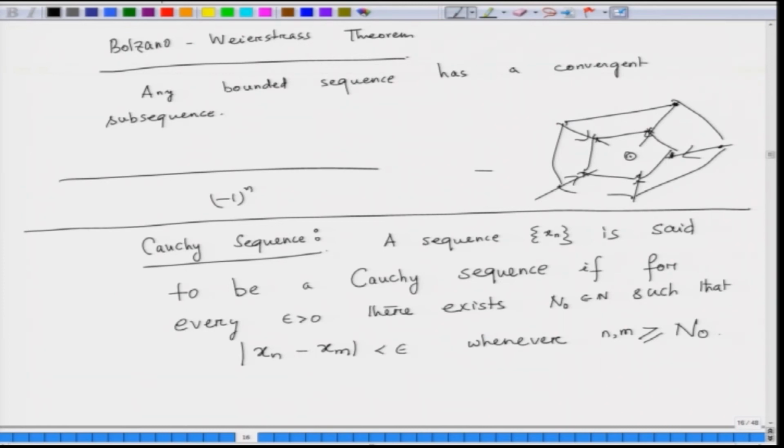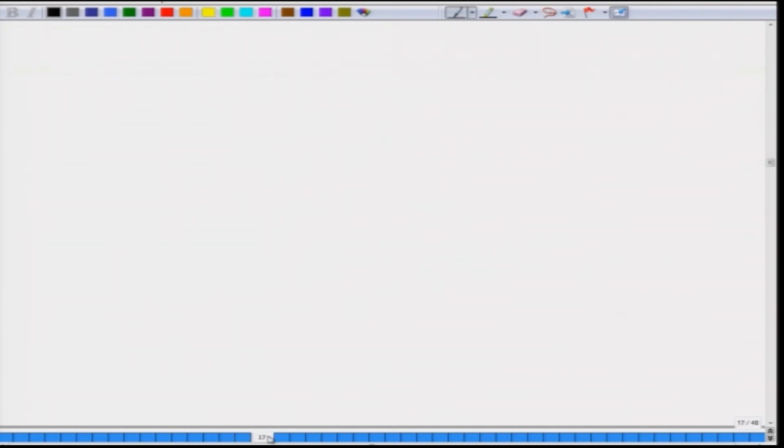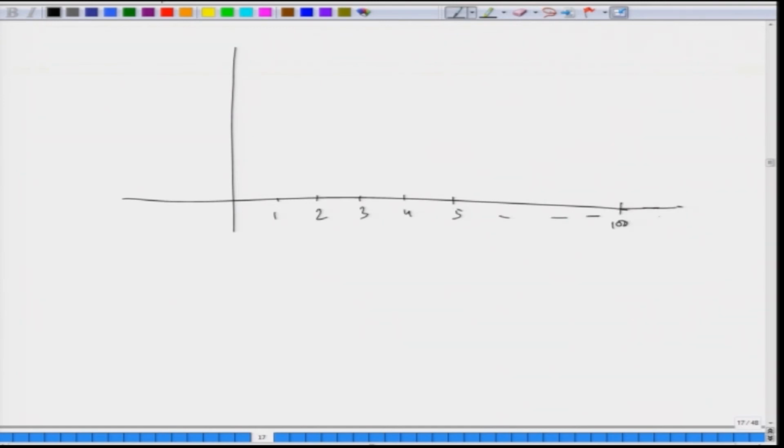So, this means that individually they are coming closer to themselves. For example, suppose you have 1, 2, 3, 4, 5, 100 like this. So, your x_1 is here, x_2 is here, x_3 is here, x_4 is here, x_5 is here, x_6 is here, something like this, you are going.